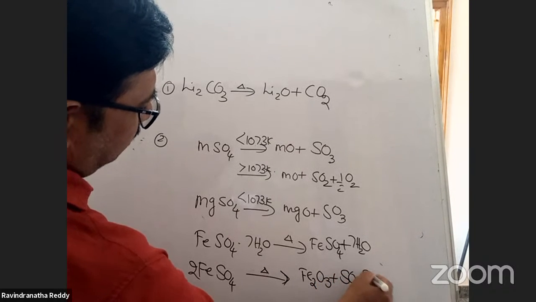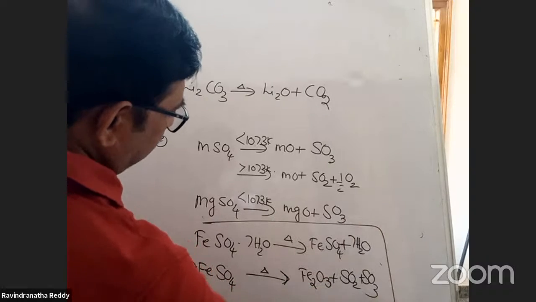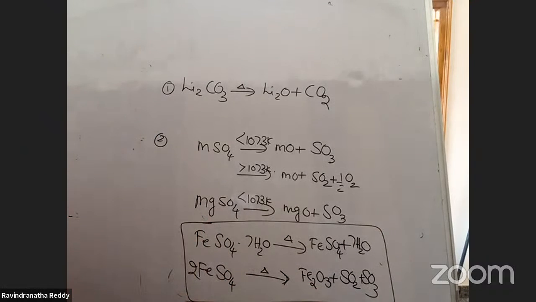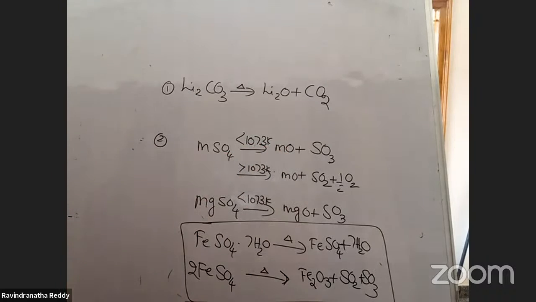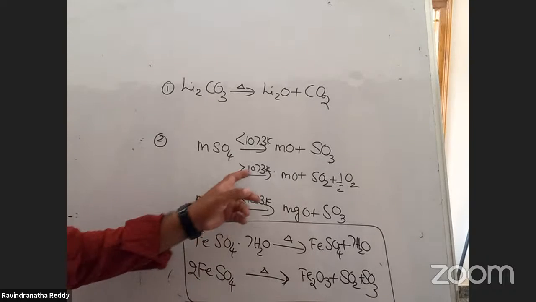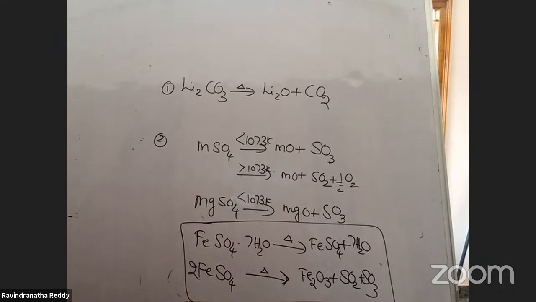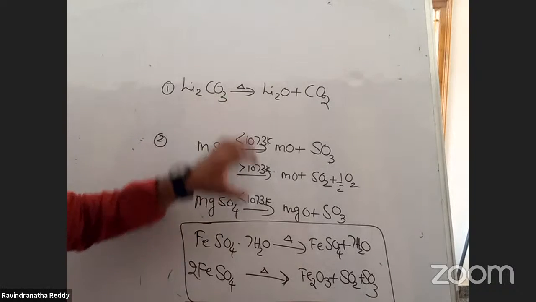These two are exceptions. So generally, metal sulfates heated below 1073 give metal oxide and SO3. Above 1073, metal oxide, SO2 and O2. That is regarding thermal heating.